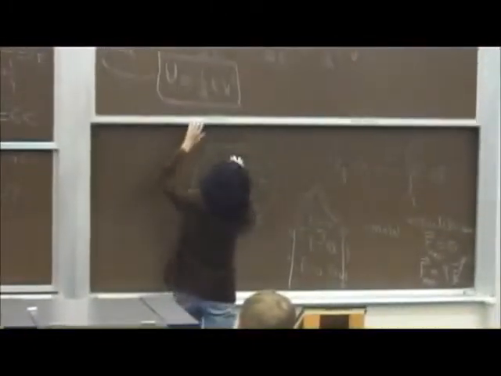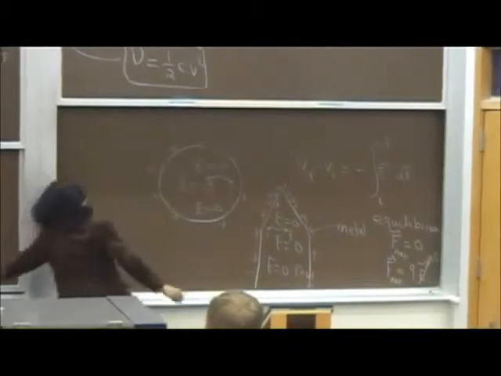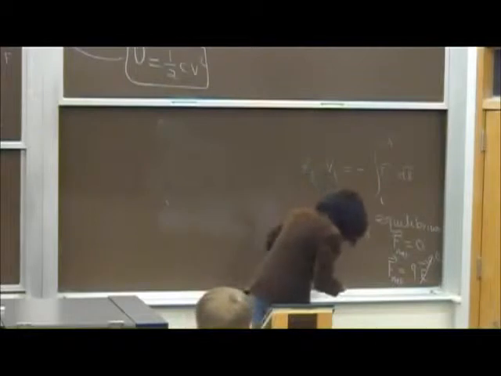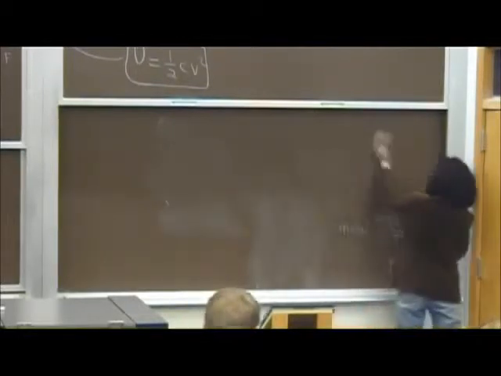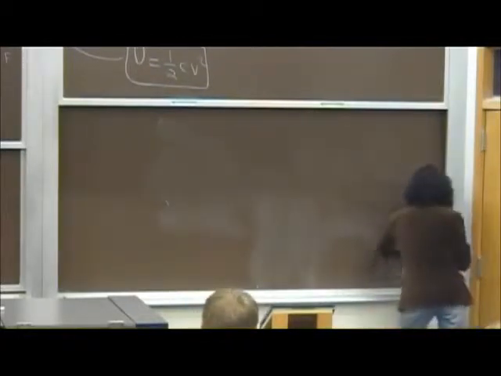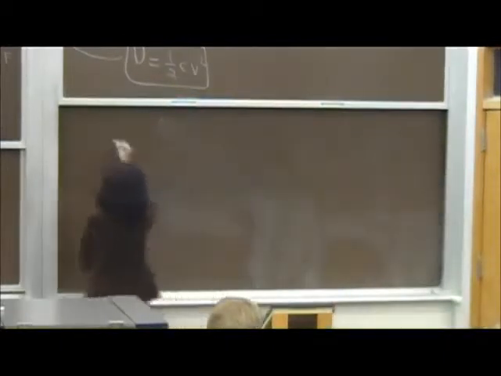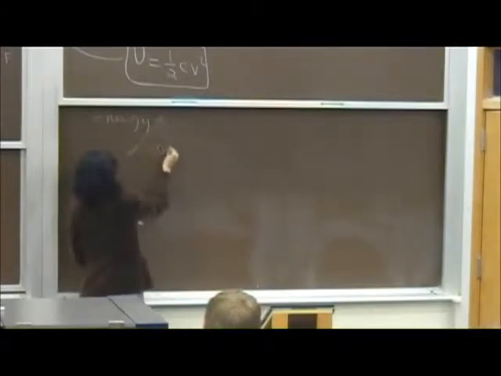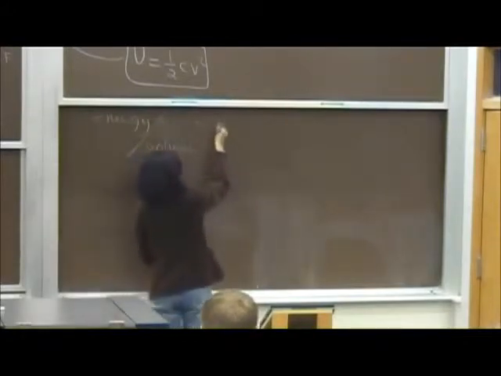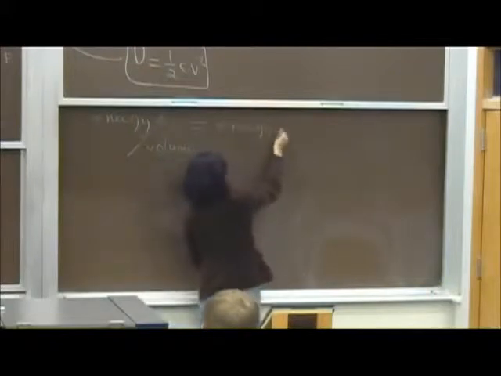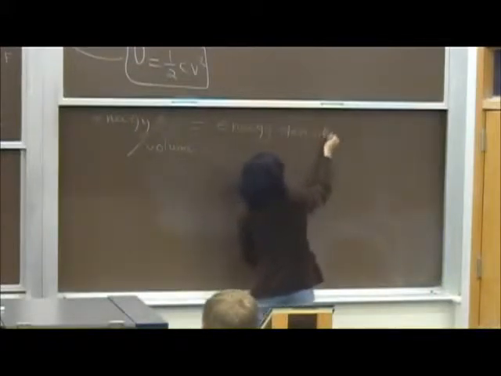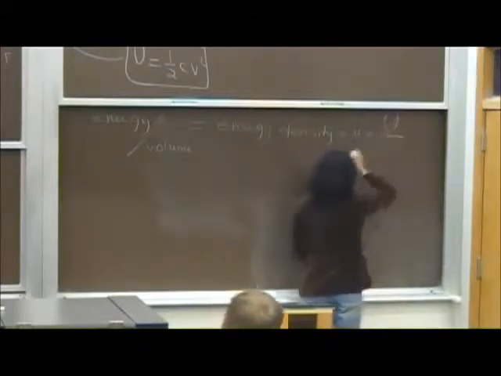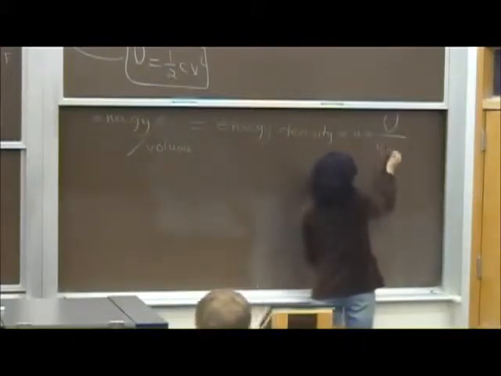So what I'm saying is let's try to figure out energy per unit volume. This is also called energy density, and we are going to write it with little u as opposed to capital U. So this is capital U divided by volume.